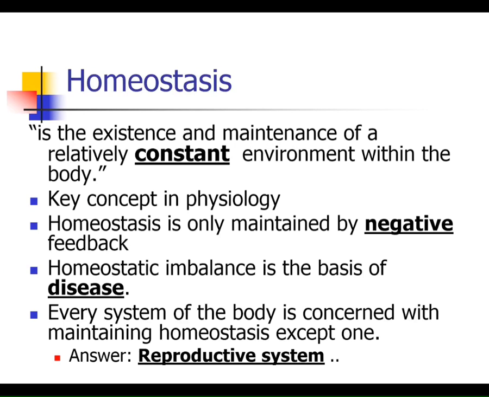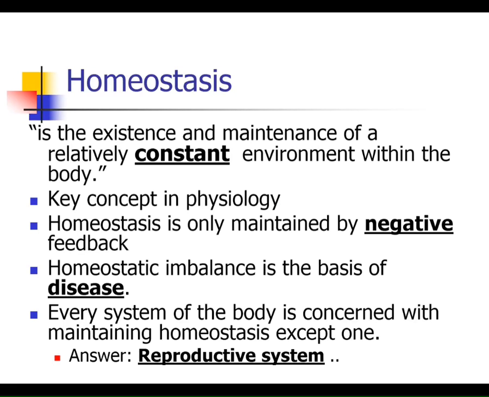Not exactly the same, but within a normal range. Your heart rate, your blood pressure, your respiratory rate, your glucose levels, your blood levels of different molecules, those are all staying within a normal range. And your body is going to keep these things in that normal range as much as possible.